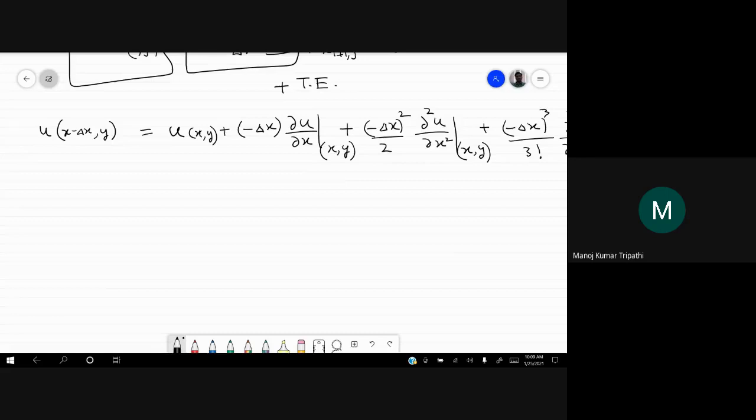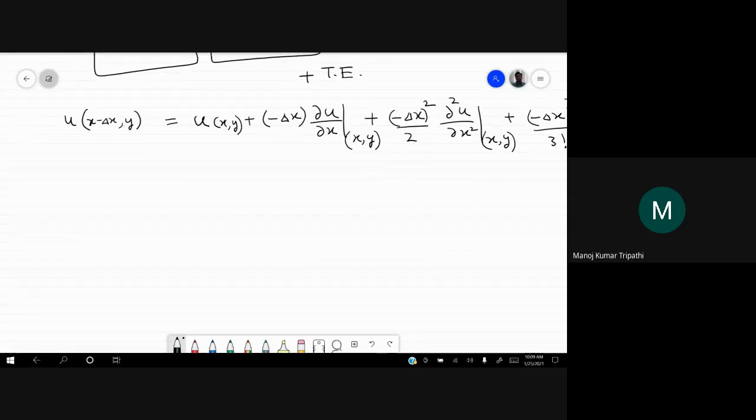Now we can take u xy to the left hand side and divide throughout by delta x or minus delta x.